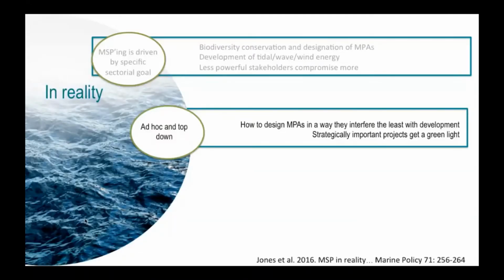Another point that was identified was the fact that a lot of the decisions were either ad hoc or top-down. What does that mean? If the goal is to implement wind farming, for example, but they know that through MSP they also need to allocate space for marine protected areas, they design the whole thing in a way that they'll put the MPAs, the marine protected areas, in places where they will interfere the least with their main goal.